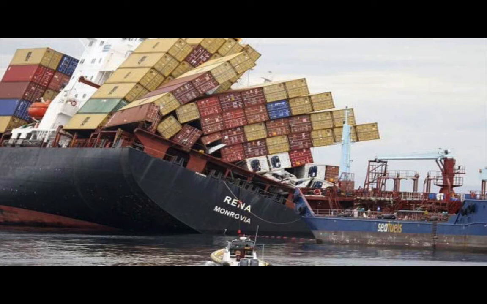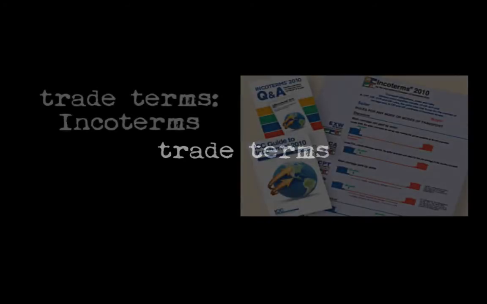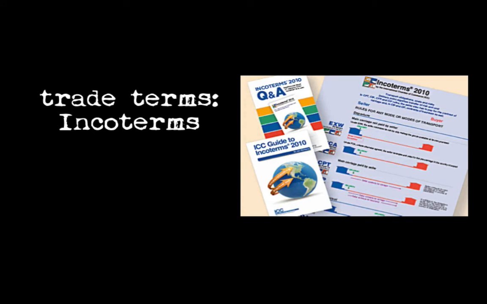Now, because of these risks, a series of laws and regulations have developed to assign responsibility, to create common understandings in the industry as to the meanings of certain terms. These are known as trade terms. Now, the terms can be defined by the parties themselves, or they can be based on a set of predetermined rules, like Incoterms that are adopted by the International Chamber of Commerce.